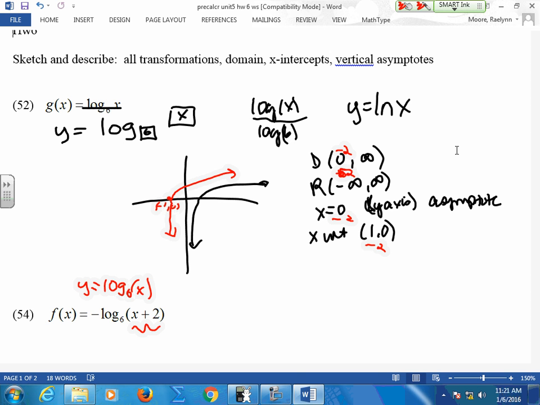So my new domain right now is negative 2 to infinity. Did it change my range? No. My all real numbers was not affected. We said my asymptote also moved. And now my new point was negative 1, 0. Was it negative 1, 0?